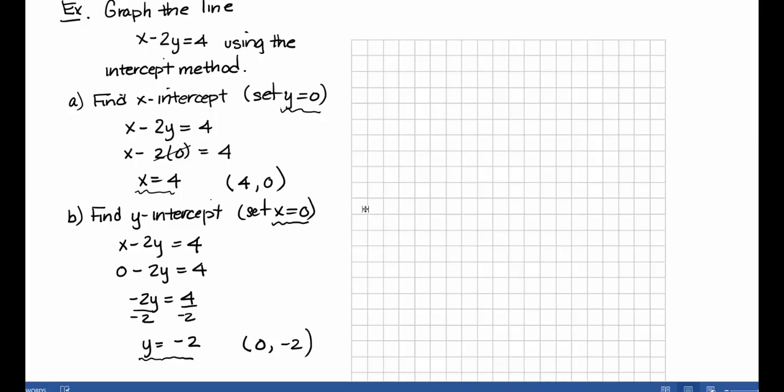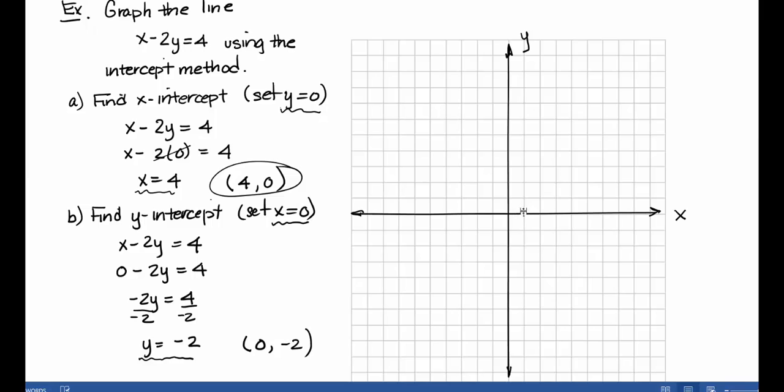Okay, so let's go ahead. Now we have the 2 points, and we can simply graph. So there's my x-axis, there's my y-axis. Let's plot my first point, (4, 0). So I go 1, 2, 3, 4. Since it's my x-intercept, I know it's on the x-axis. So that point is (4, 0).